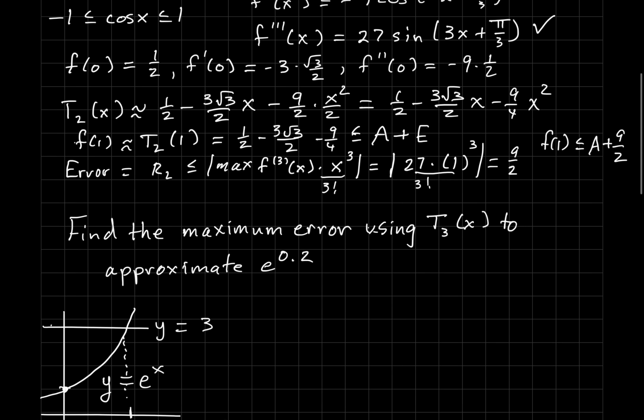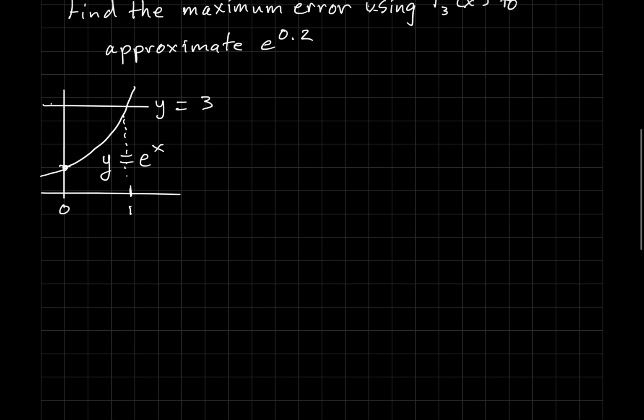Let's take a look at another example. Let's find the maximum error using my third degree Taylor polynomial to approximate e to the 0.2.